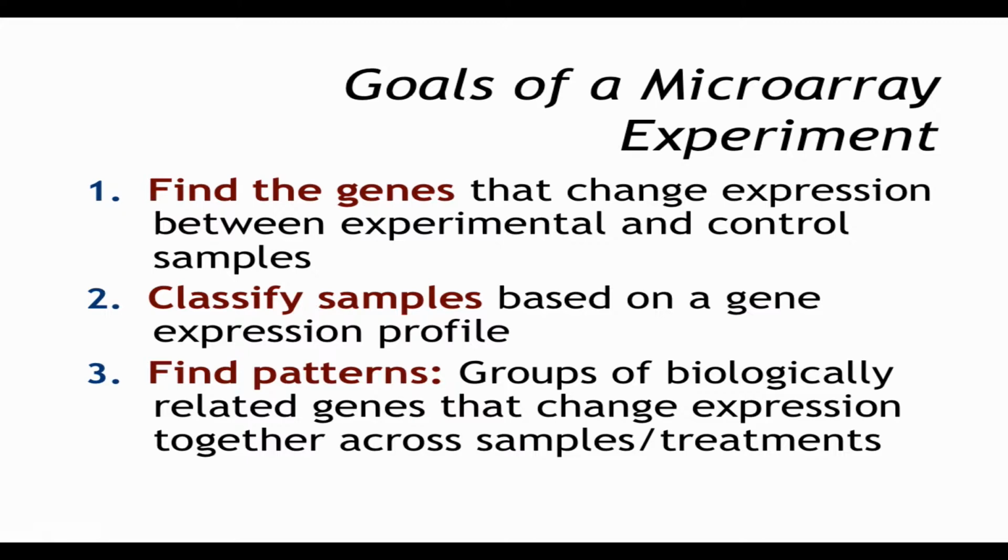Another thing you might want to do is to classify your samples based on gene expression profile. There's a set of genes that consistently go up in cancer versus normal. And we can take an unknown sample and do a gene expression profile, test those gene levels, and put it into bin 1 or bin 2 based on that classifier.